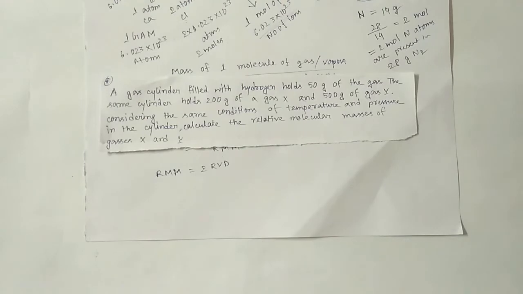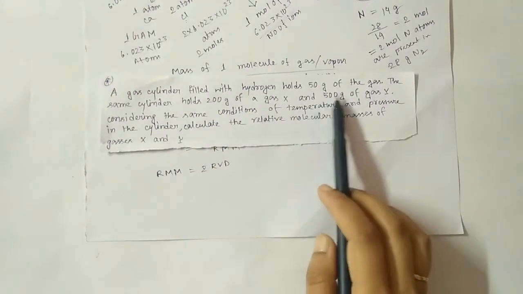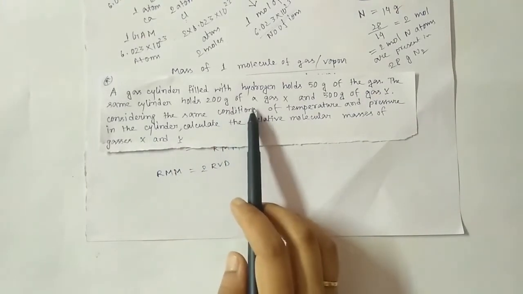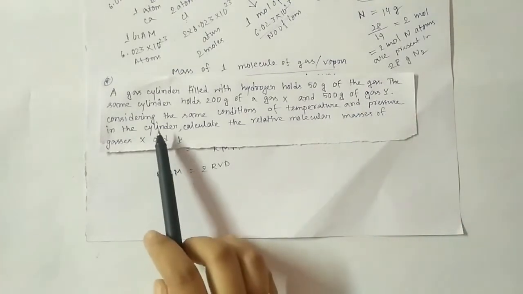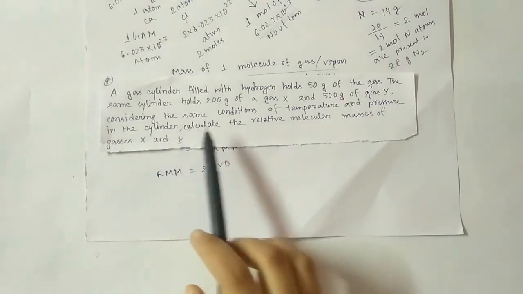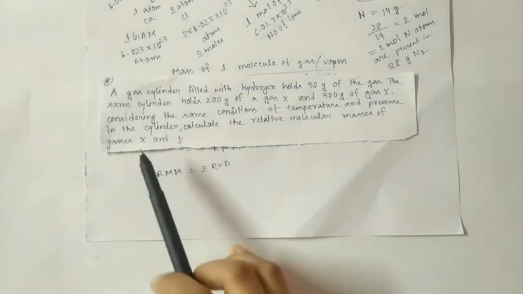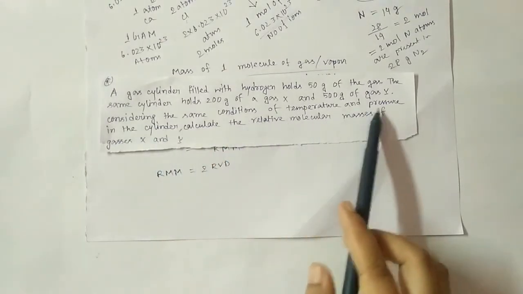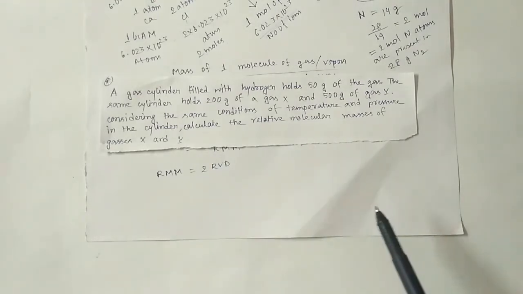Now I have a question for you. A gas cylinder filled with hydrogen holds 50 gram of the gas. The same cylinder holds 200 gram of a gas X and 500 gram of gas Y. Considering the same conditions of temperature and pressure in the cylinder, calculate the relative molecular masses of gas X and Y. Now we can see that we are considering the same conditions of temperature and pressure. So it may be a question relating to vapor density.